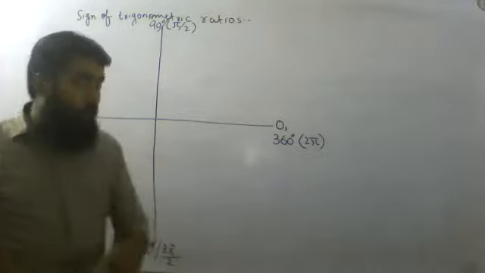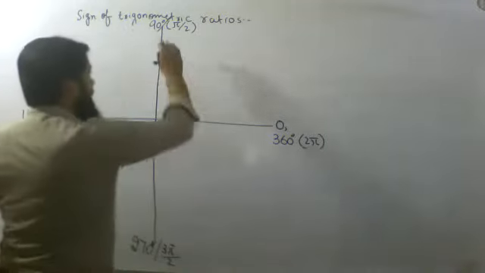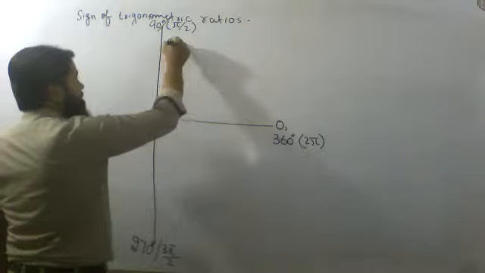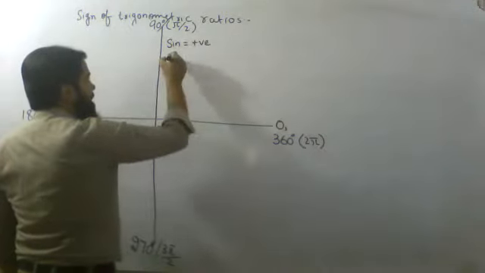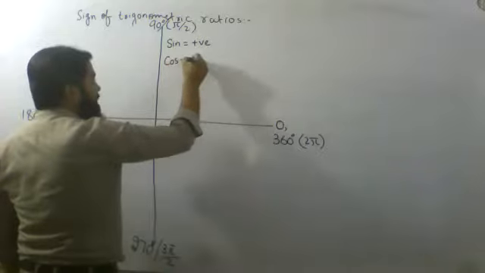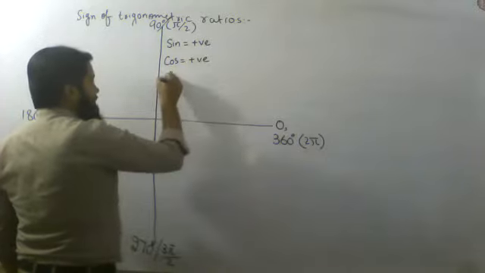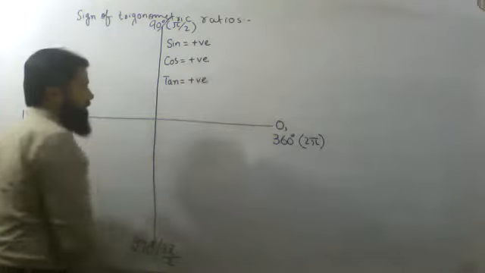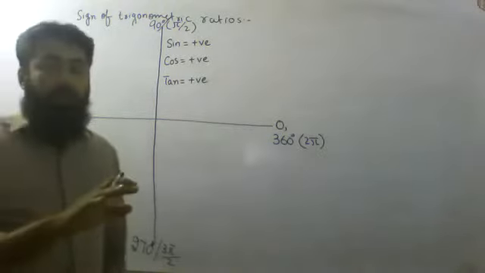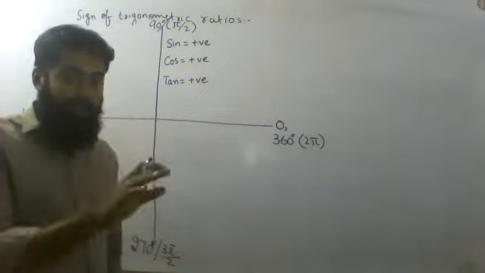It means that in the first quadrant the result of sine will be positive, the result of cos will be positive, the result of tan will be positive.